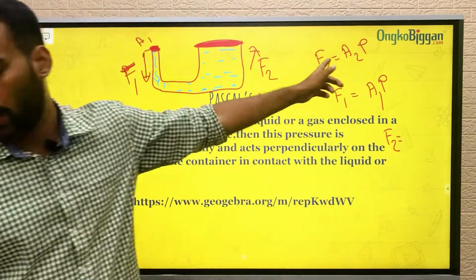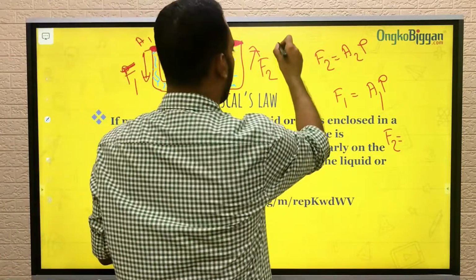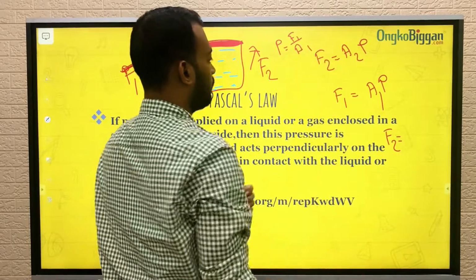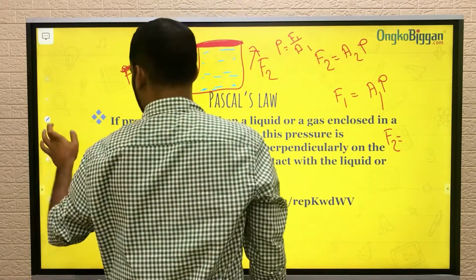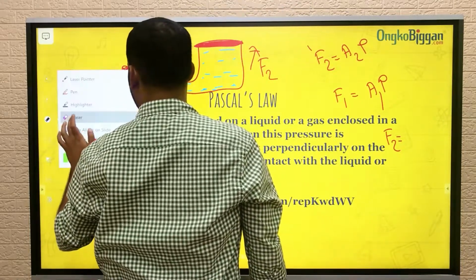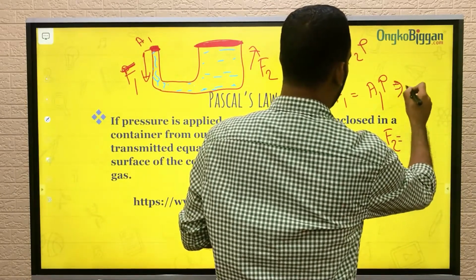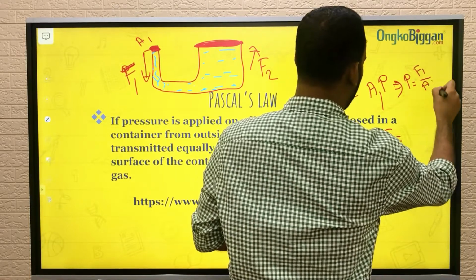We can also write from this formula that P is equal to F1 by A1.